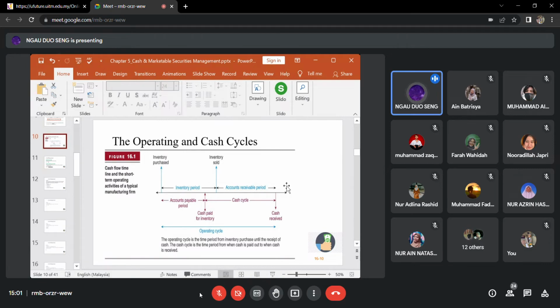And you can see that the cash yang you receive adalah lebih banyak.